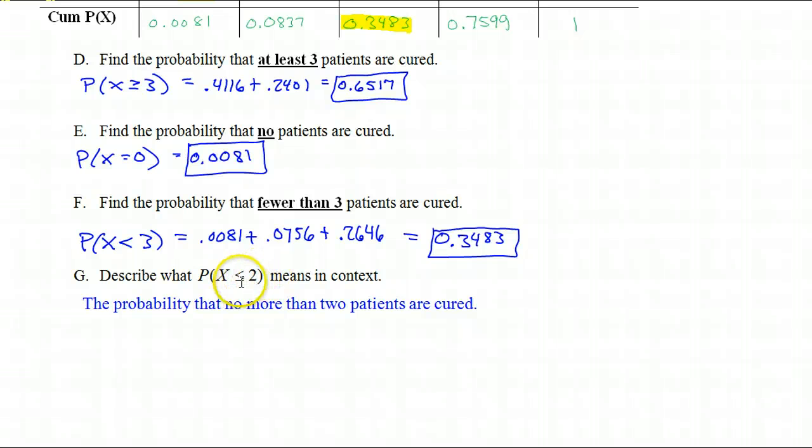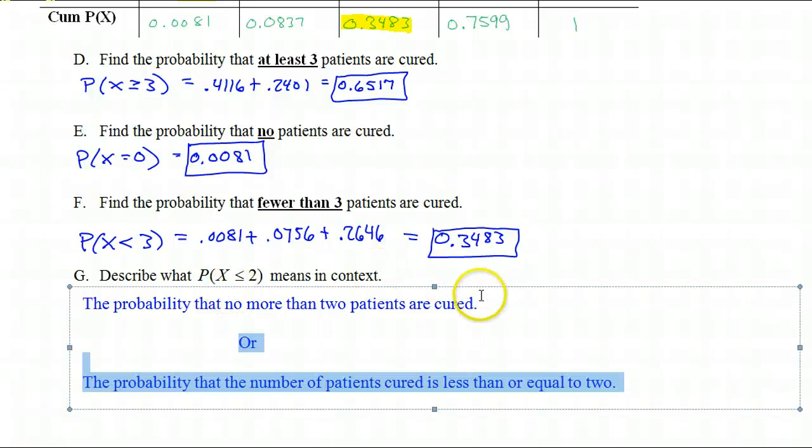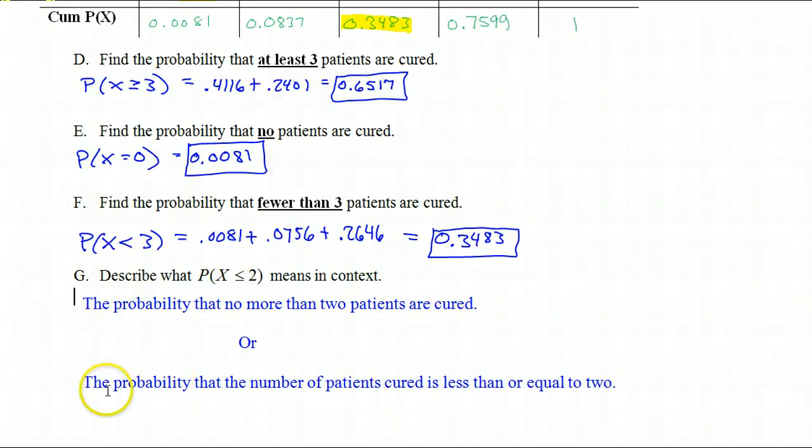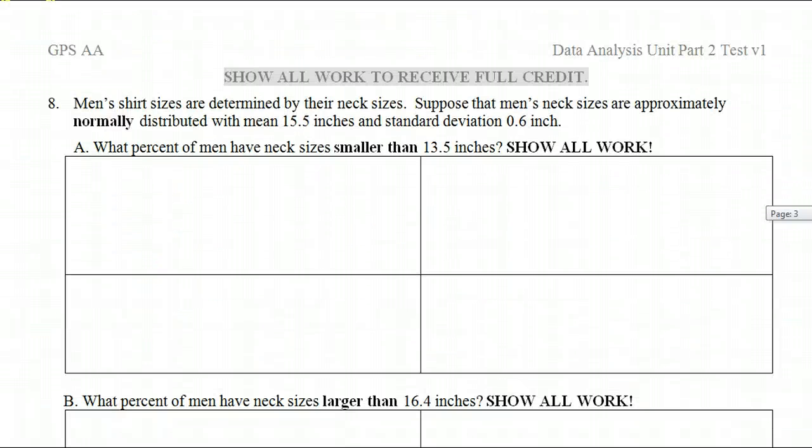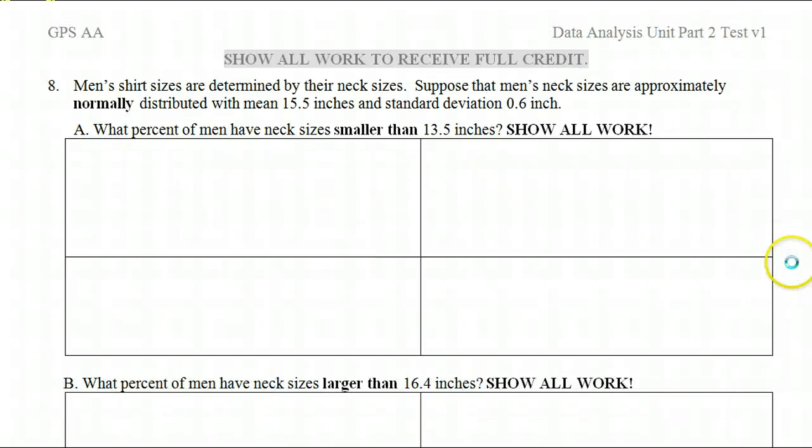That's what this would mean. Or if that bothers you, you could just say it directly like this: the probability that the number of patients cured is less than or equal to 2. You could just say it just like it looks. Okay, so there's that. Alright, let's move on to number 8.